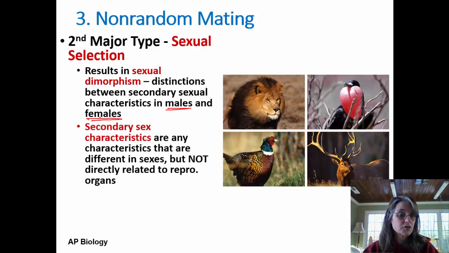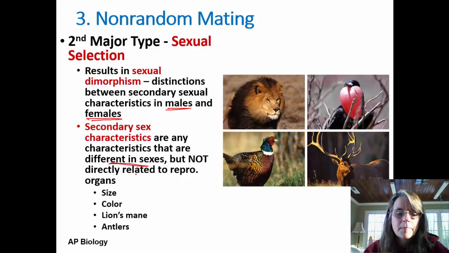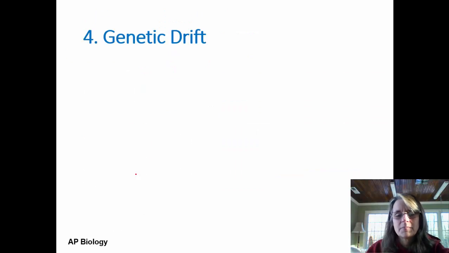Secondary sexual characteristics are characteristics, of course, that are different in the genders, but not directly related to the reproductive organs, testes and ovaries. Obviously, those will be different. But we're talking about things like size or color, that lion's mane, for example, antlers on a deer or elk, as in the picture, things like that. They're not directly related to reproduction, but they are related to getting the male the opportunity to reproduce.